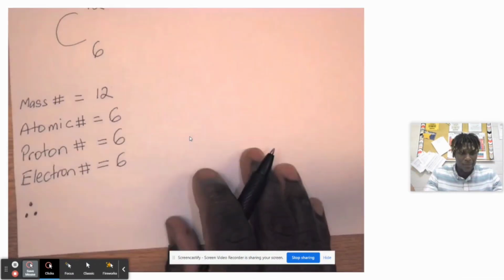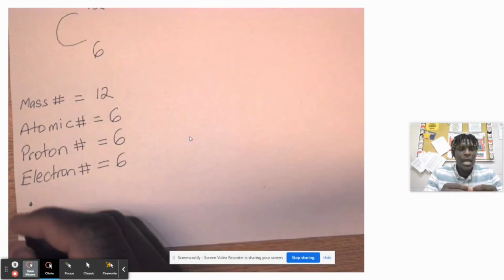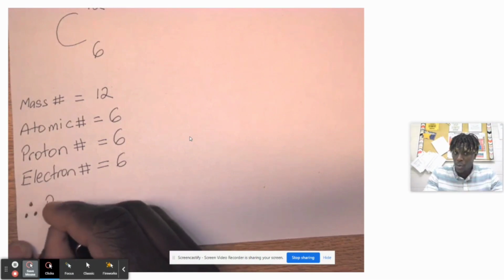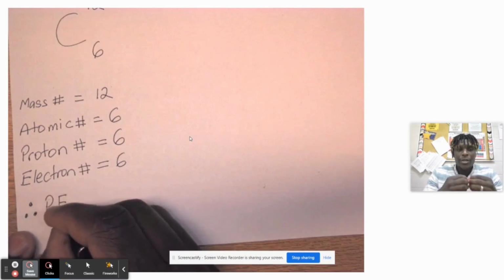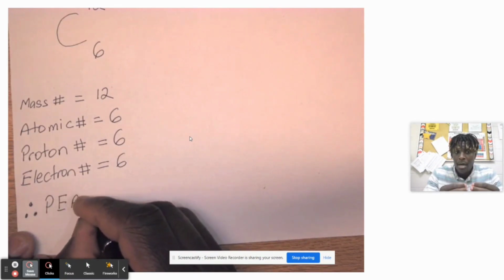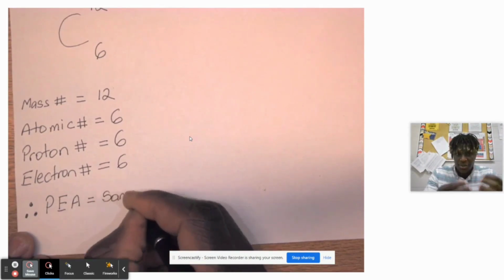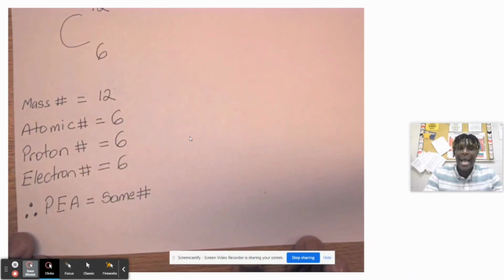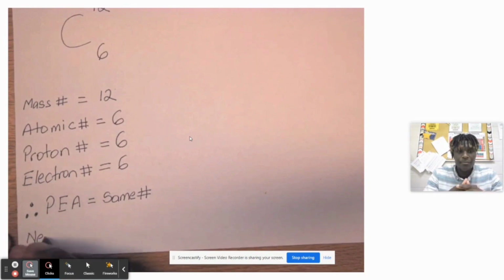Therefore, here's an abbreviation: P, for protons, E, for electrons, and A, for atomic number, all equal the same. So PEA: proton, electron, and the atomic number all equal the same.